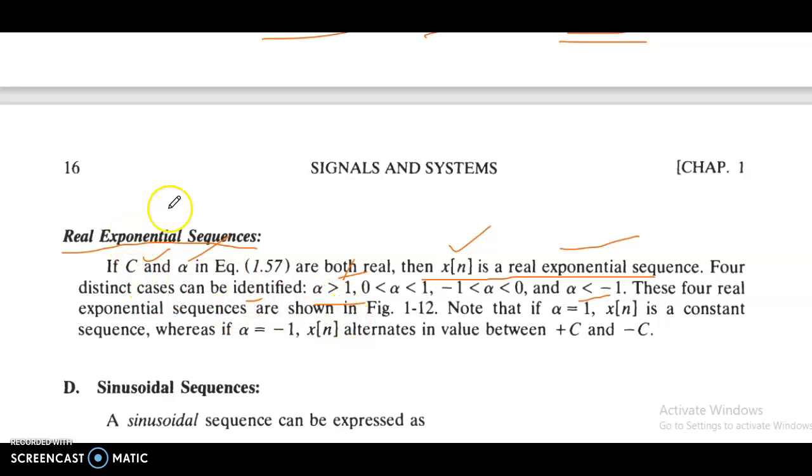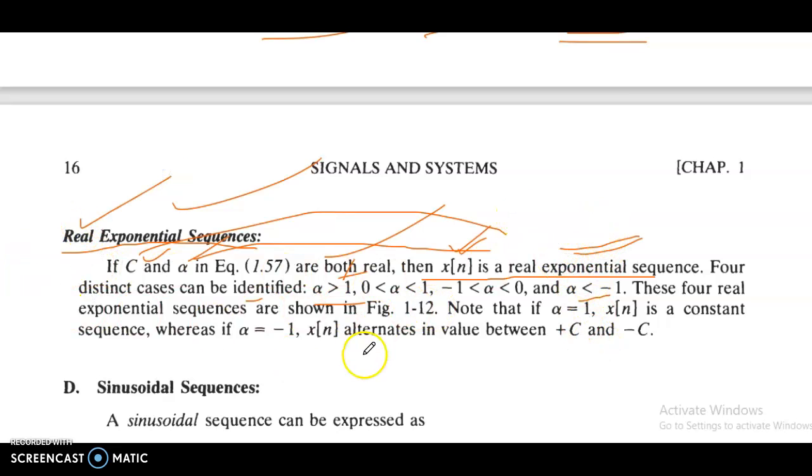That is, in this real exponential sequence explanation, if C and alpha in equation 1.57 are both real, then x of n is a real exponential sequence. So it depends upon C and alpha only.